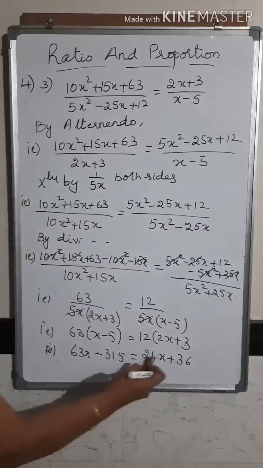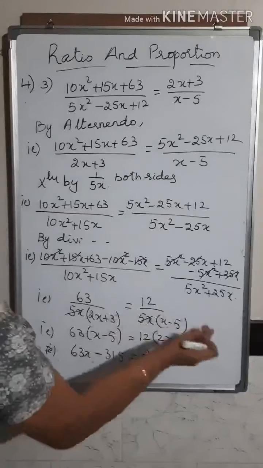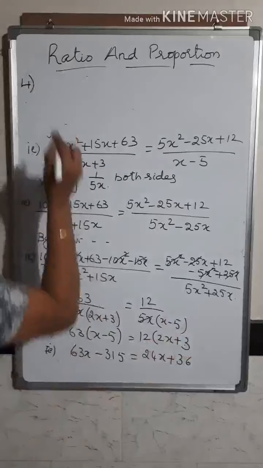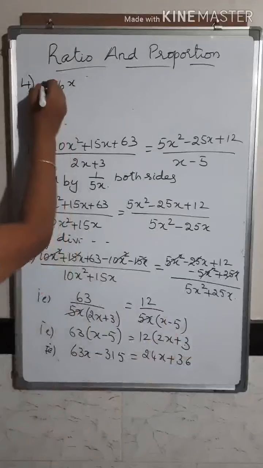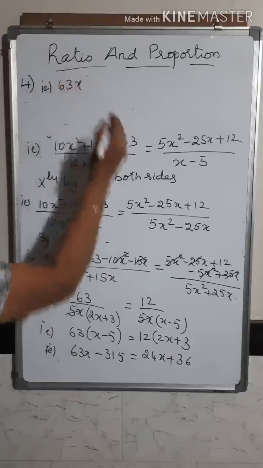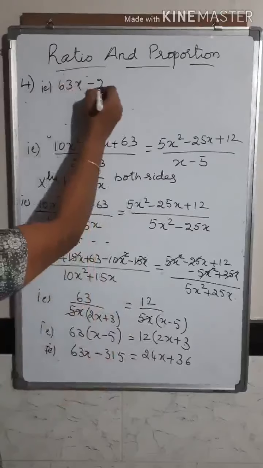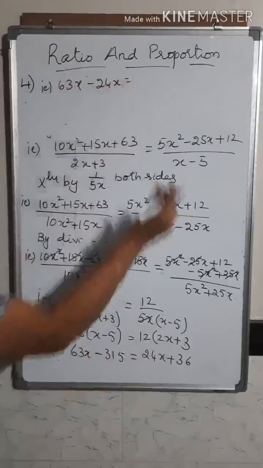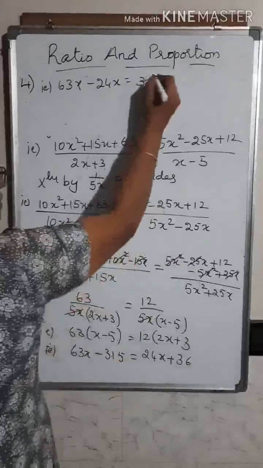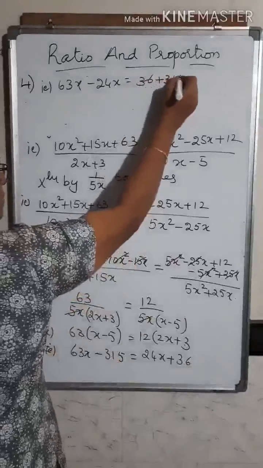Now what I have to do: all x terms to one side, numbers to the other side. So I'll do it on the top here. So 63x, take 24x to the other side, minus 24x is equal to 36 as it is, and this 315 plus 315.